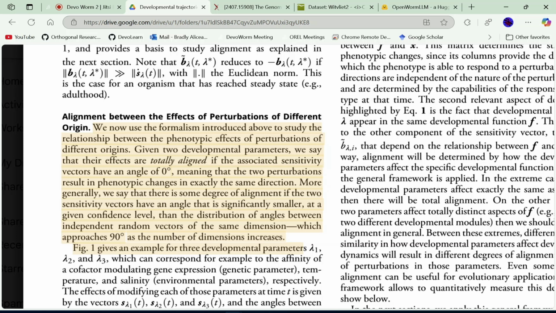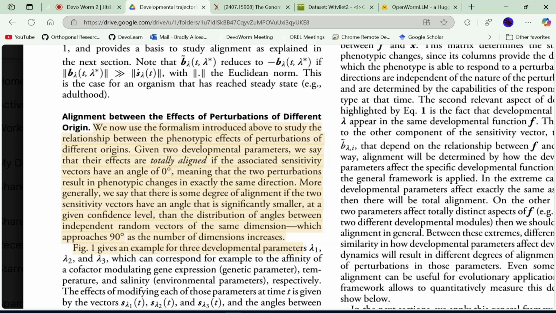So we saw that there were different angles of sensitivity where the two perturbations will go in the same direction. "More generally, we say that there is some degree of alignment if the two sensitivity vectors have an angle that is significantly smaller at a given confidence level than the distribution of angles between independent random vectors of the same dimension, which approaches 90 degrees as the number of dimensions increases."